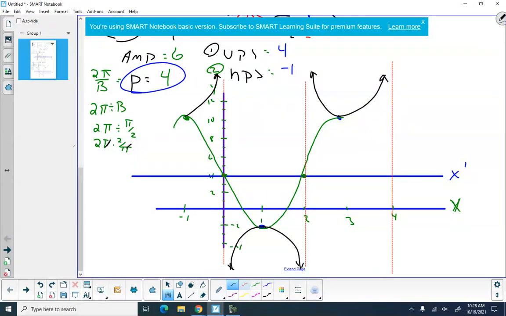Or I could go back to -2, whichever one you want to do. Or you could do 2 half parabolas. It's up to you. Either one is acceptable. Questions on graphing? Once again, going back to what we did with our previous graphs makes it a little bit easier.